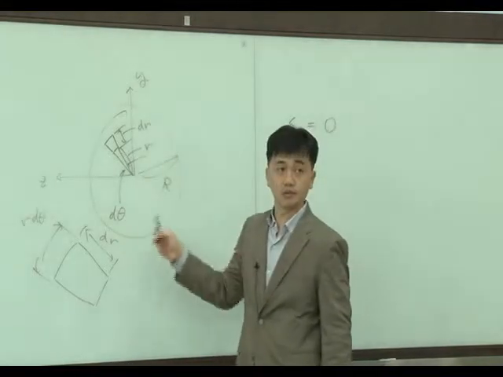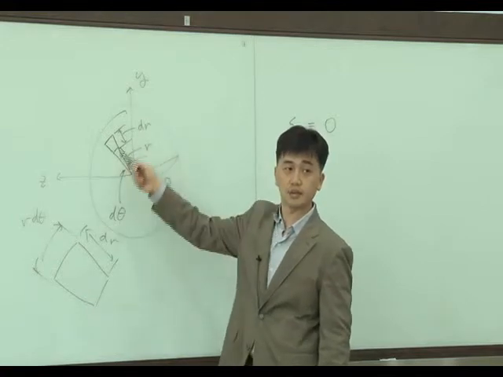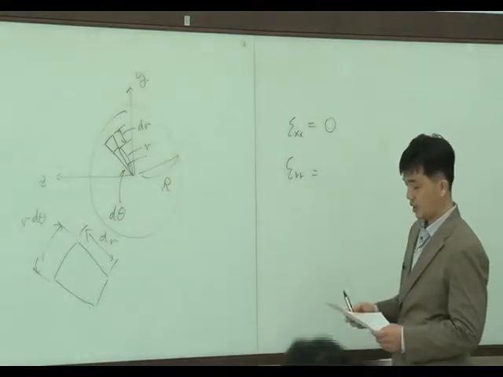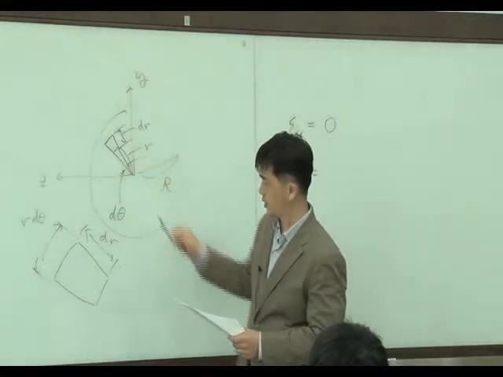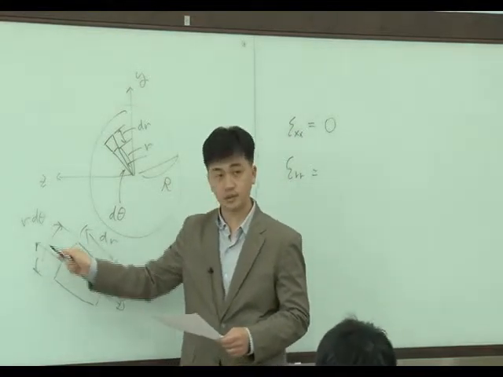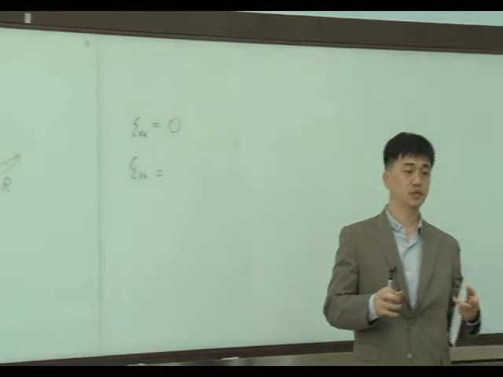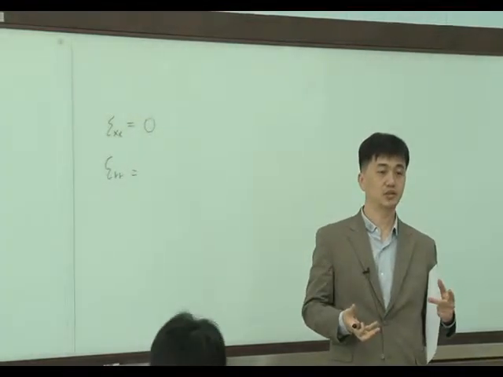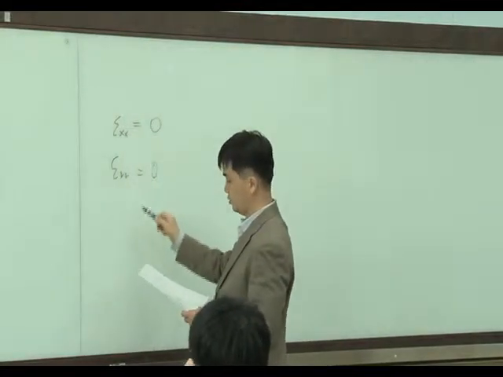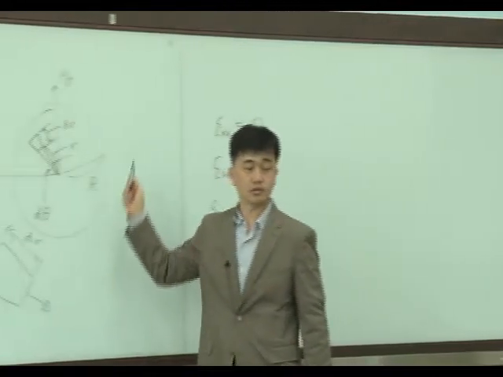Strain rr is the radial direction. Even when you twist this, the radius doesn't change, right? So strain rr is 0, and strain theta theta, in the circumferential direction, is also 0.